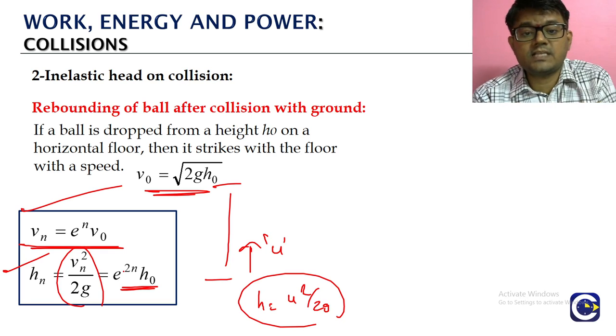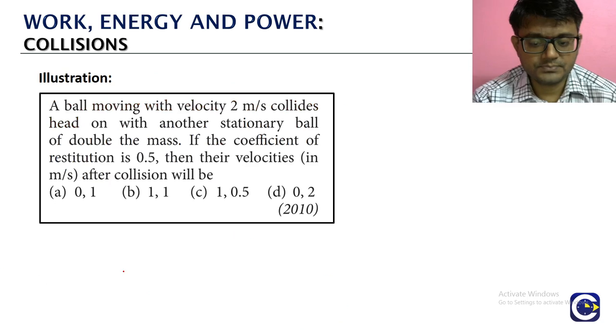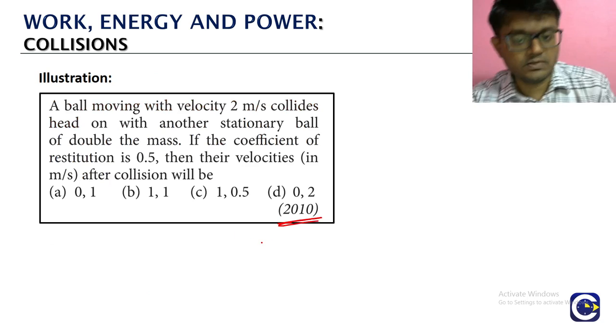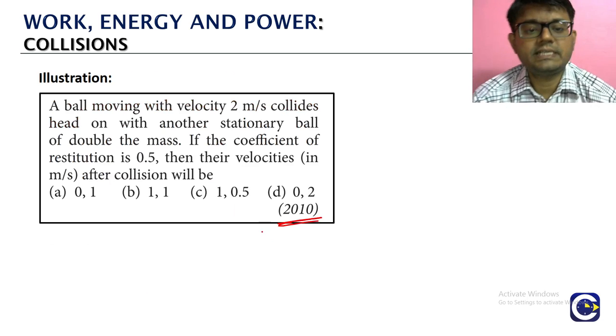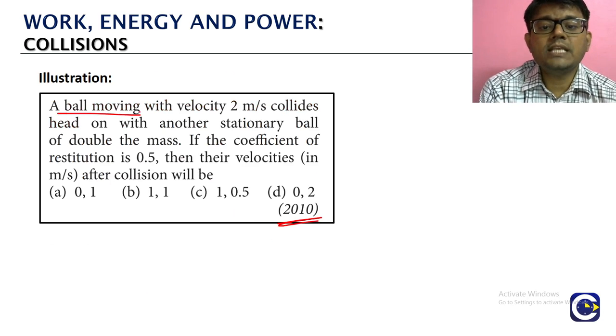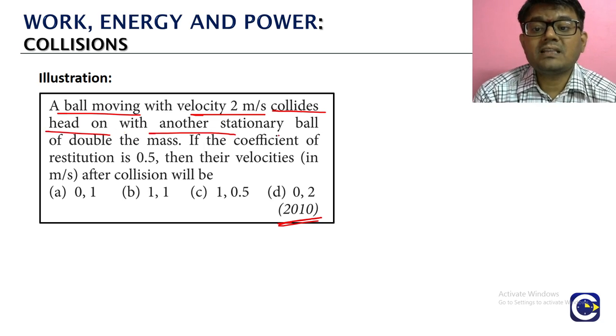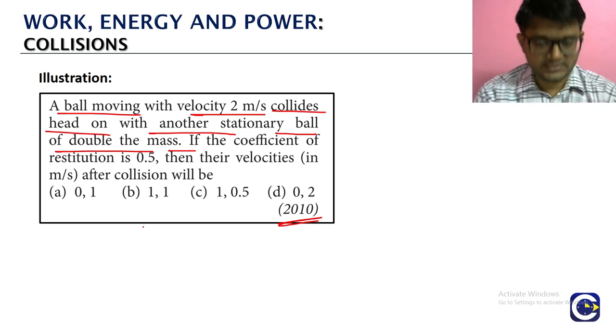Again we have discussed the inelastic collision in the head-on type. These are the kind of questions we can expect. This question came in the year 2010. A ball is moving with a velocity 2 meter per second, collides head on with another stationary ball of double the mass.